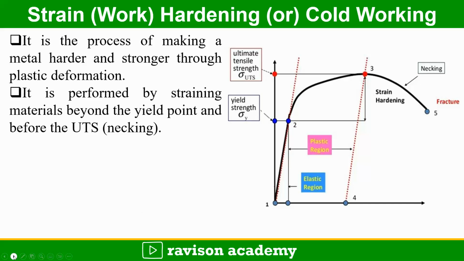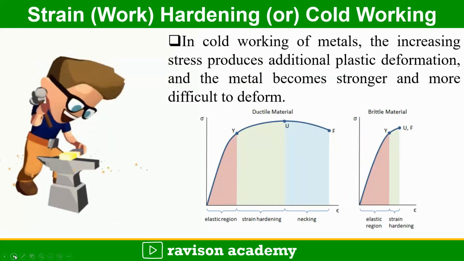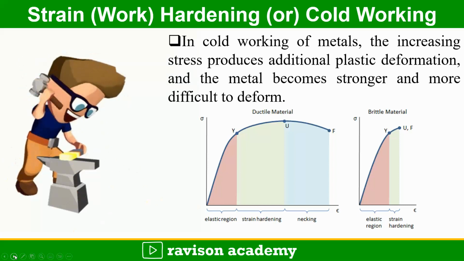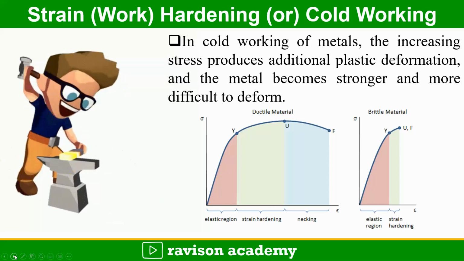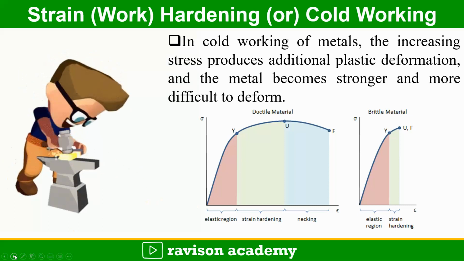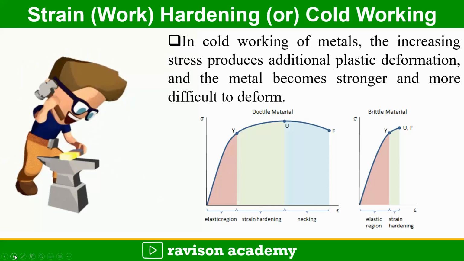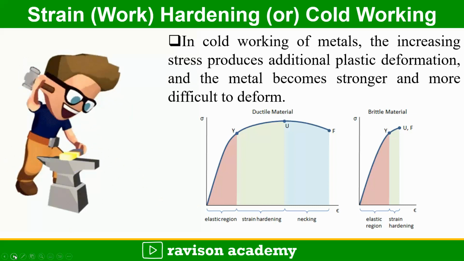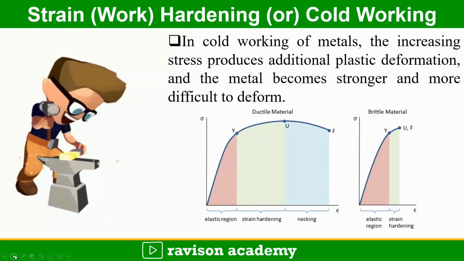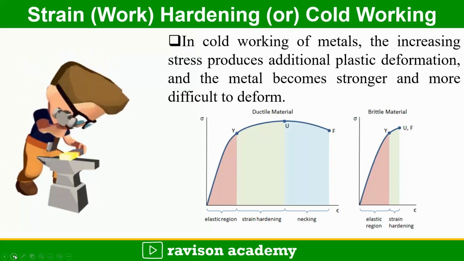In the cold working of metals, increasing the stress produces plastic deformation and makes the metal stronger and more difficult to deform. For example, making a knife or a sword from iron. This knife and sword are very hard and tough after being cold worked.